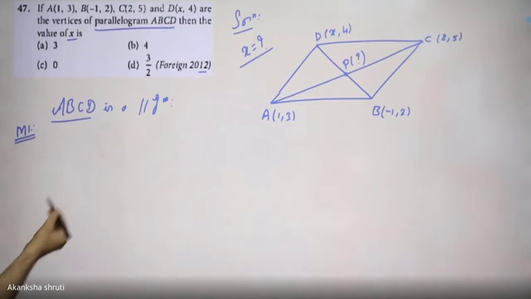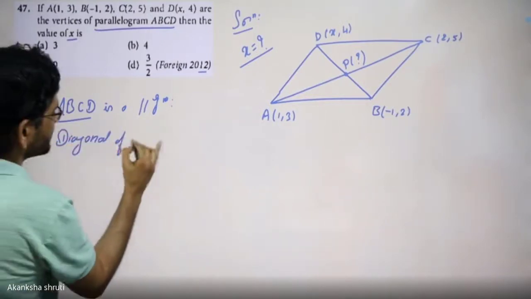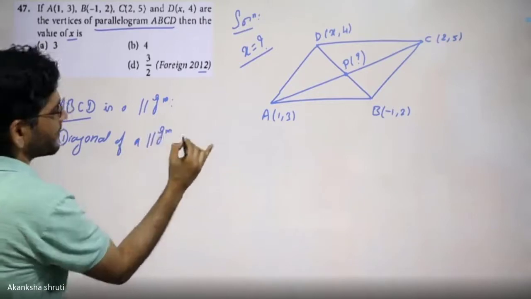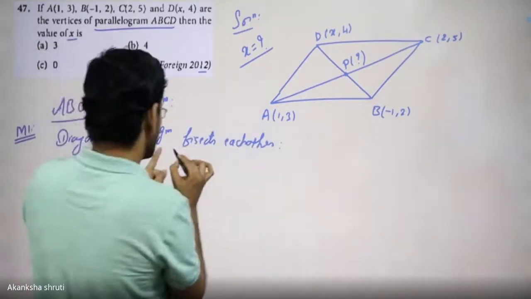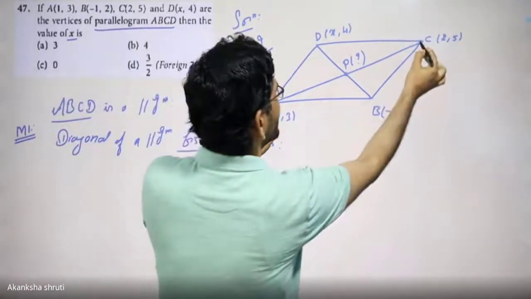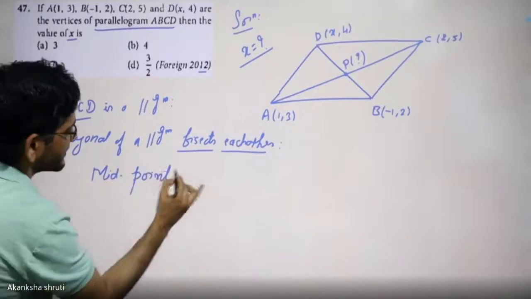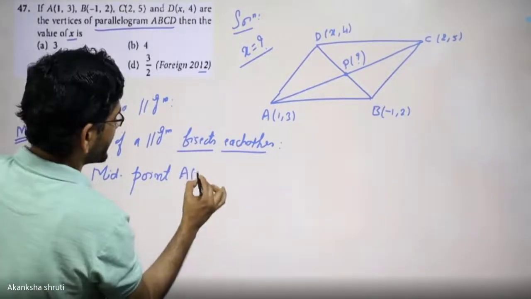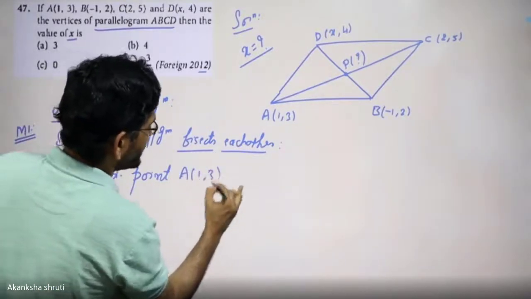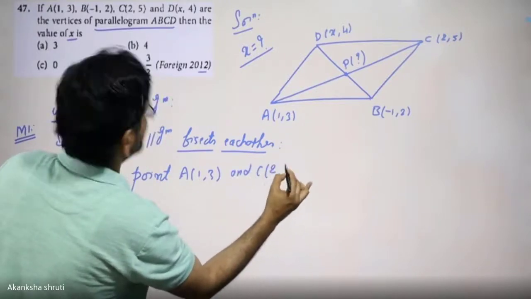Method number 1, what is that? Diagonals of a parallelogram bisect each other. Diagonals bisect each other means the midpoint of the segment AC will be the same as, what is our A? A is (1, 3) and C is (2, 5).